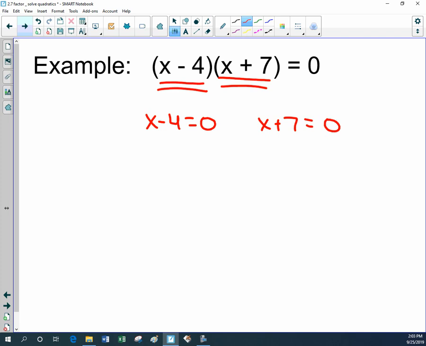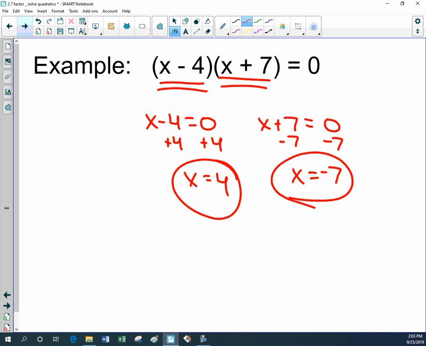Solving x minus 4 equals 0, I'd add 4 to each side and find that x equals 4, so there's one solution. x plus 7 equals 0, subtract 7, and I get x equals negative 7. So when x equals 4 or x equals negative 7, that statement is true.